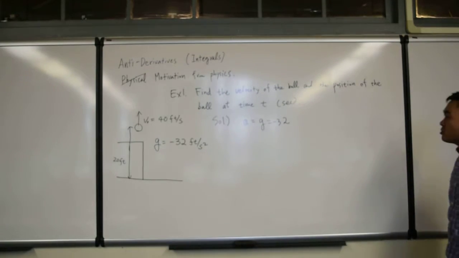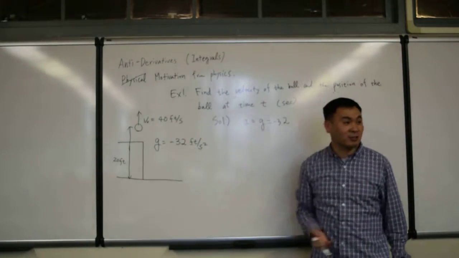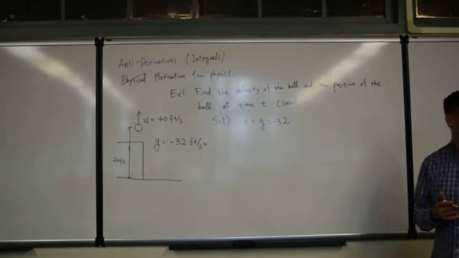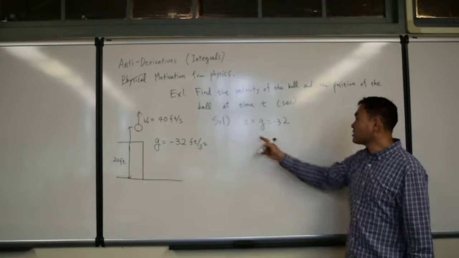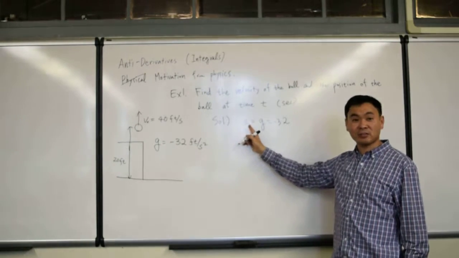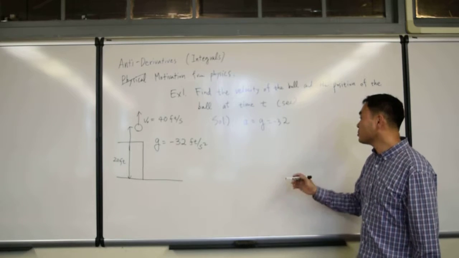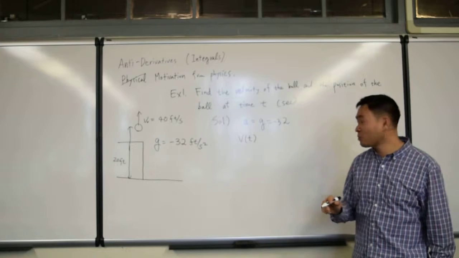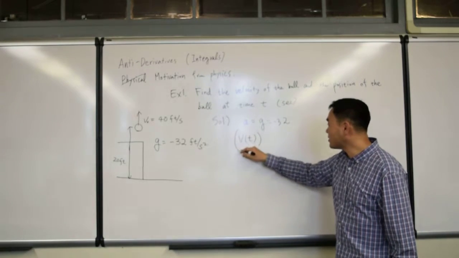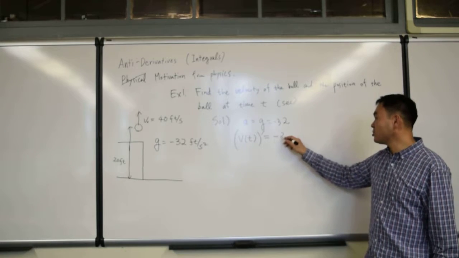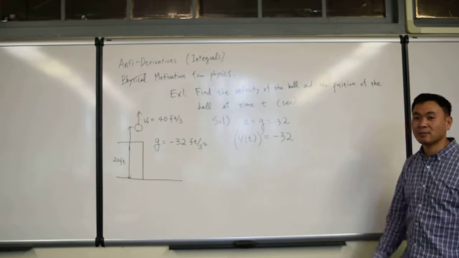Now, what is the relationship between the velocity and the acceleration? The acceleration is the derivative of velocity. Acceleration is the rate of change of the velocity. It measures how fast the velocity changes. So we can say that whatever this v of t is, I don't know the formula for it, but if I differentiate it, I'm going to get negative 32, which is the acceleration.